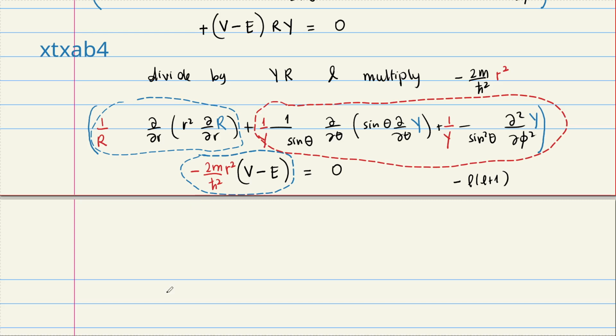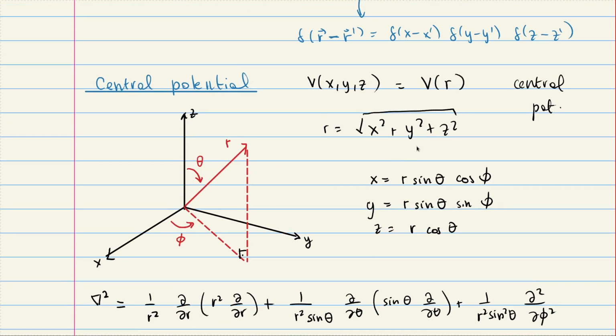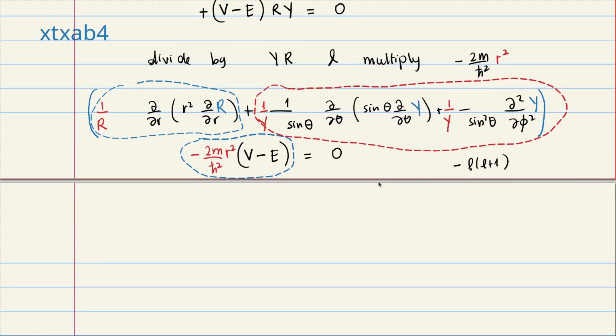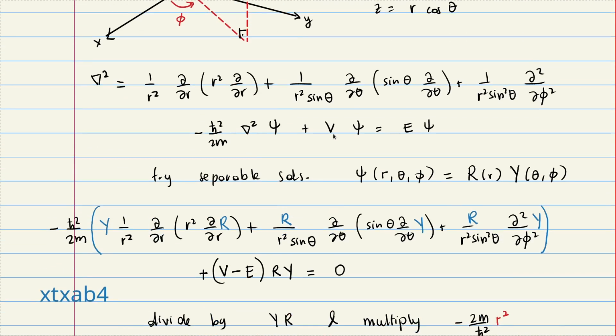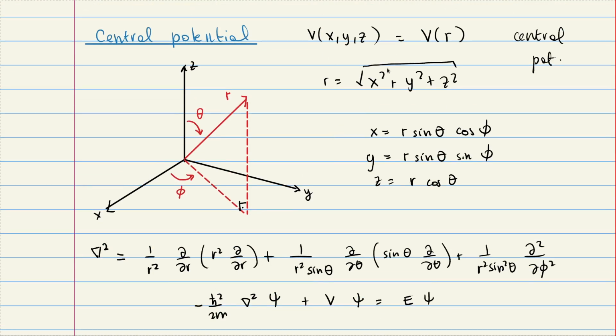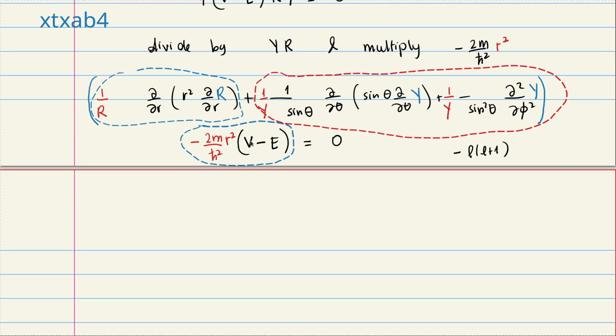Why did you write central potential? Because if this is not central potential, I would not be able to separate it. V is here, right? Can you ask one more time? Isn't this just following Schrodinger's equation in 3 dimensions? Yeah, that's a good point. If V was a function of x, y, z, I would not be able to separate the R part, right?